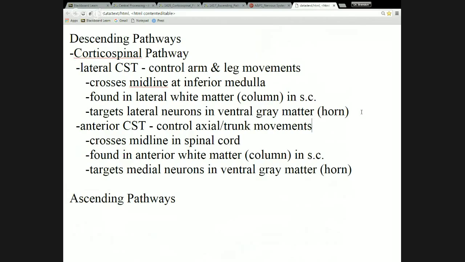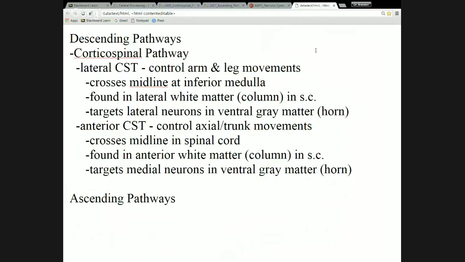Now, this little division here addresses something that might not be terribly obvious. The lateral corticospinal tract is making a very exaggerated move out to the lateral position, and the stuff controlling the right side of the body is very separate from the stuff controlling the left side of the body.